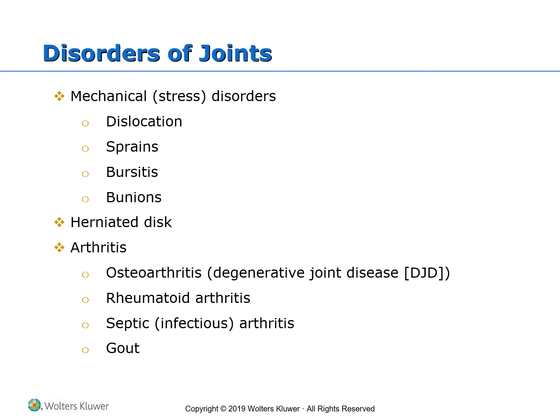Bunions. Bunions are in fact enlargements of the bone found at the base and the medial side of the great toe, and they develop from prolonged pressure on that side of the joint.